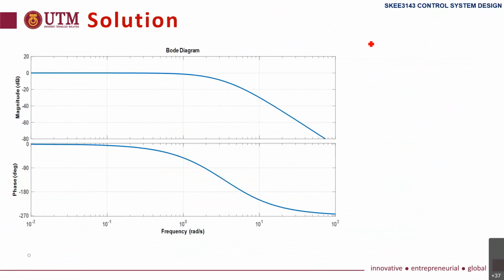The system here is G(s) = 40(s+2)(4)(5)... and the system is stable.